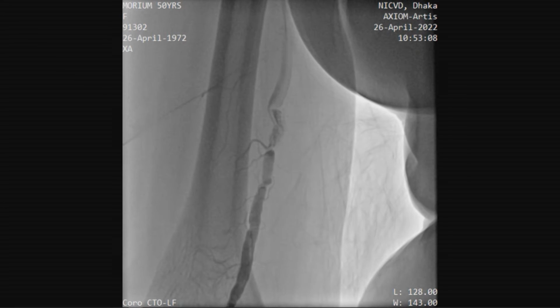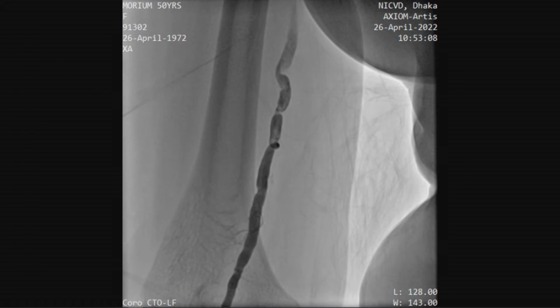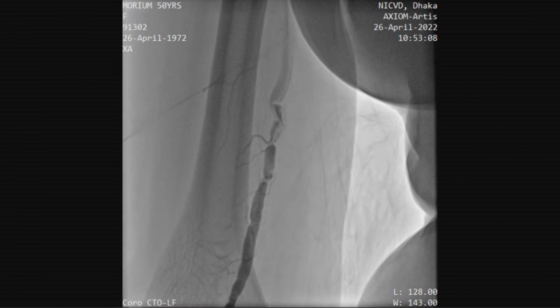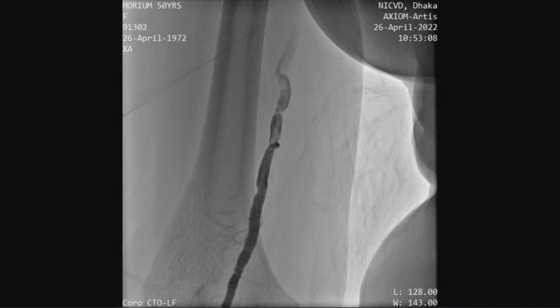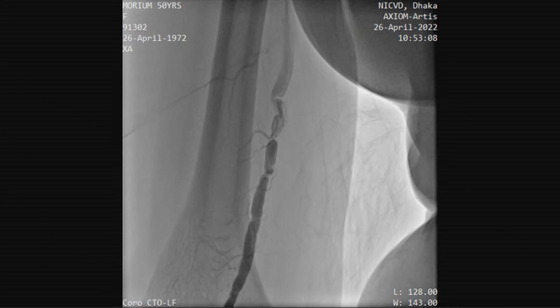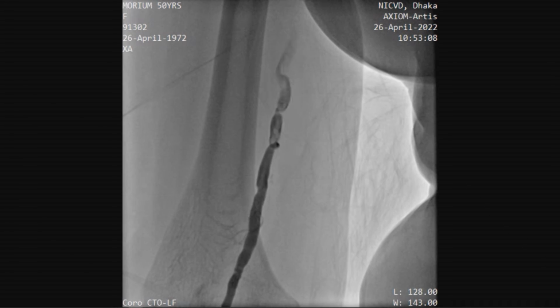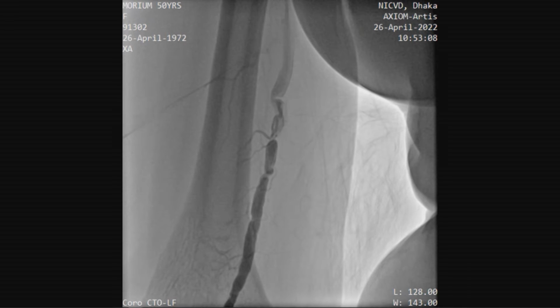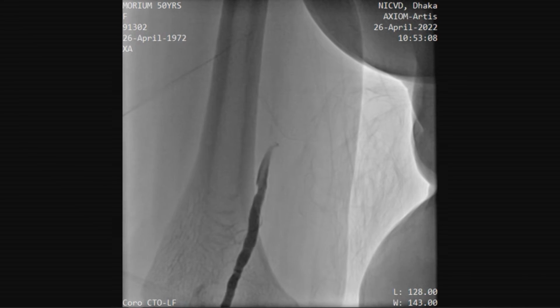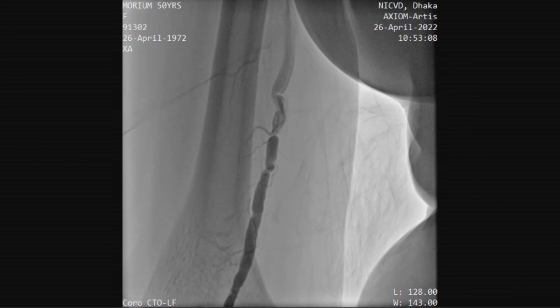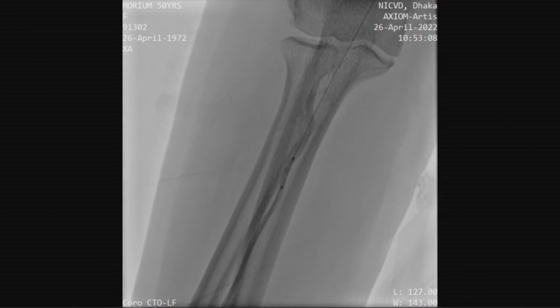So we withdrew the catheter and wire, then we put the dye through the vascular access sheath, and we saw that picture. There is a huge spasm in the brachial artery and above. Then we took a balloon-assisted technique, BAT.